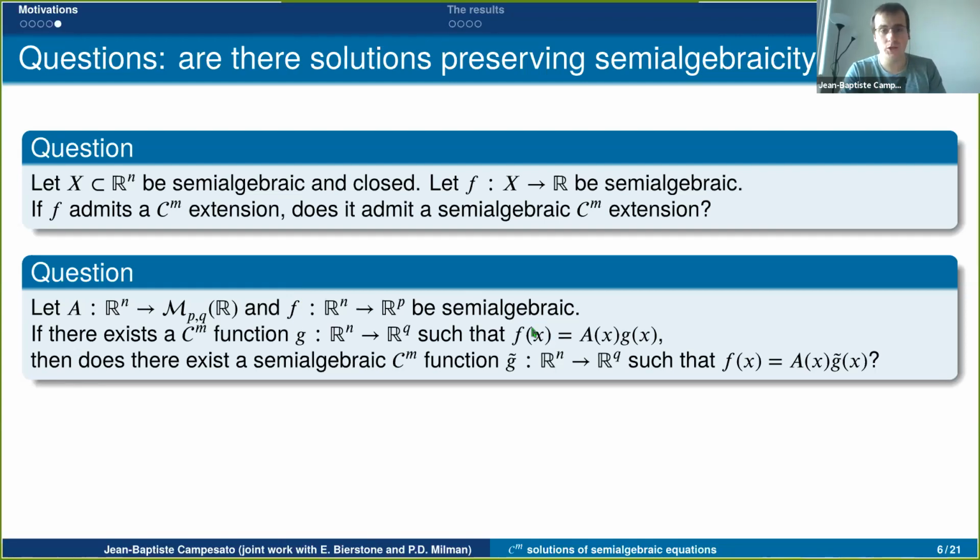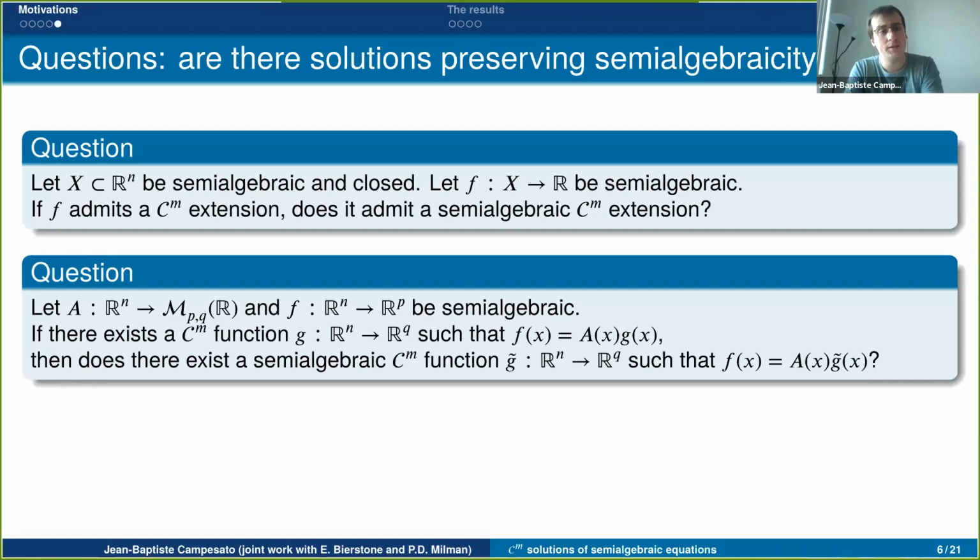And we study this equation: F equals A times G. So A is the previous matrix, F is this vector-valued function, and the unknown is G. And the question, once again, is if there exists a CM solution G, does it imply that there exists a solution which is not only CM, but which is also semialgebraic, so which preserves these geometric assumptions on the data, this semialgebraicity assumption.